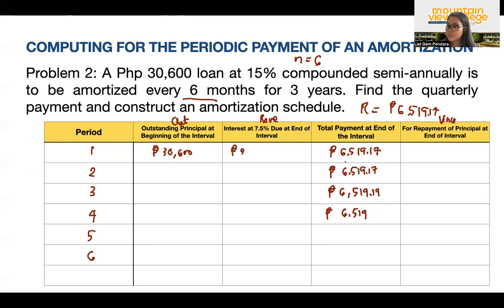How much is the interest? 2,295. You multiply it by 7.5%. How about the repayment of principal, Vince? 4,224.17. Very good. We'll subtract this from our outstanding principal.